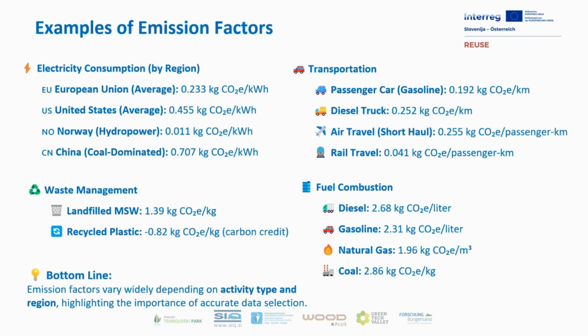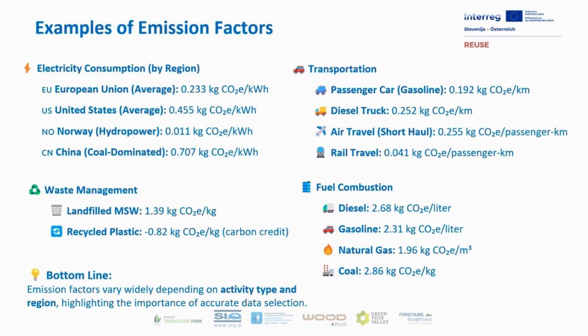In Norway, where electricity comes mainly from hydropower, the factor is extremely low. It's just 0.011 kilograms of CO2e per kilowatt hour. On the other hand, China, which still relies heavily on coal, has a higher factor of 0.707 kilograms of CO2 per kilowatt hour.